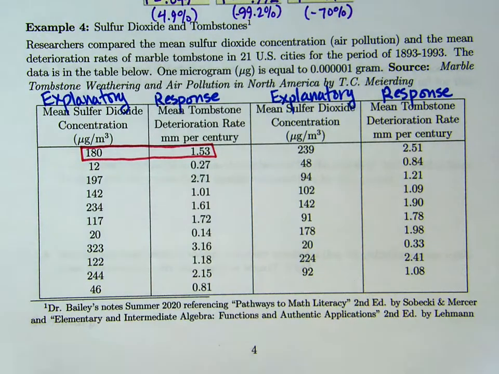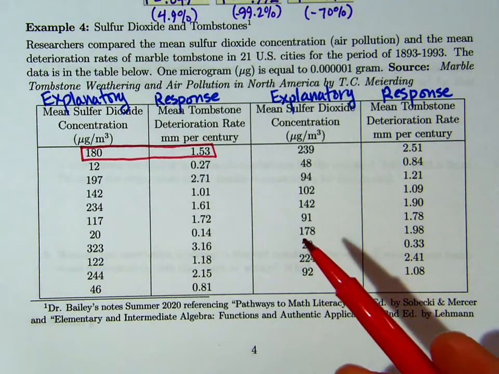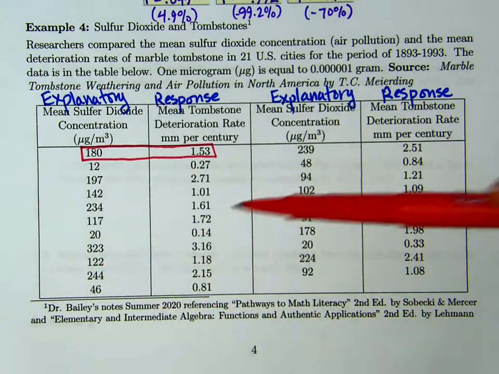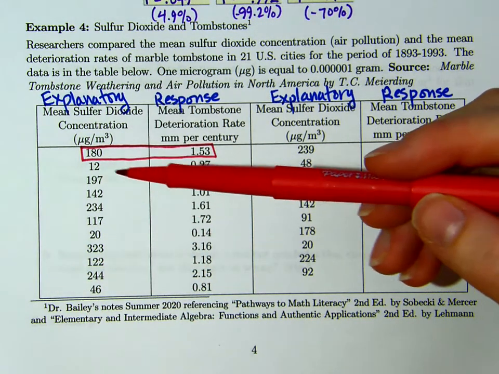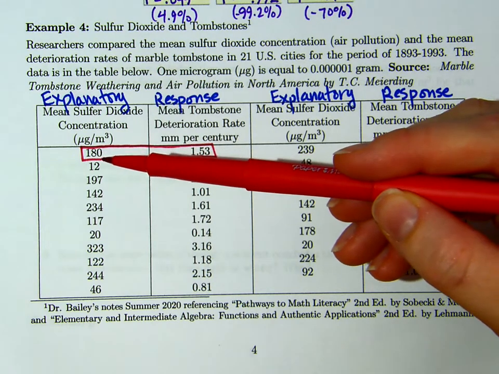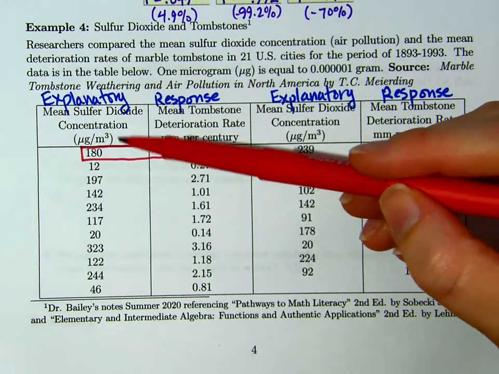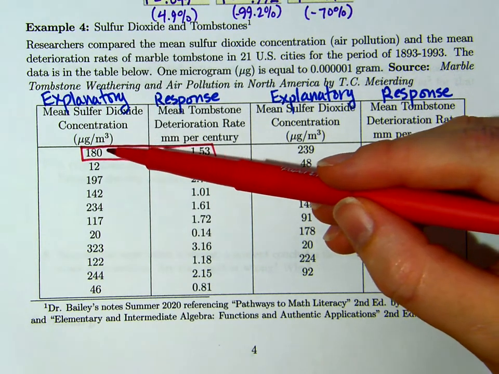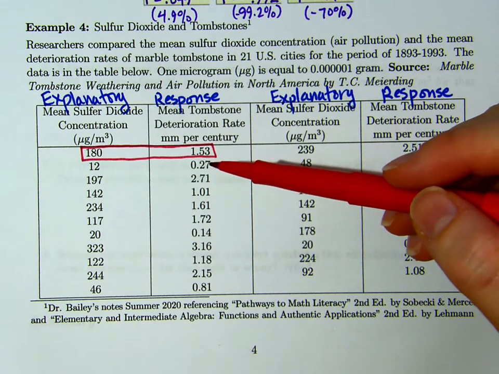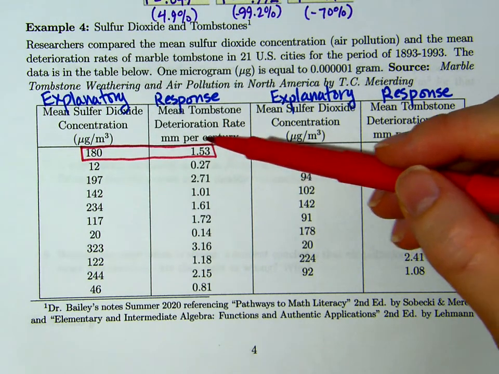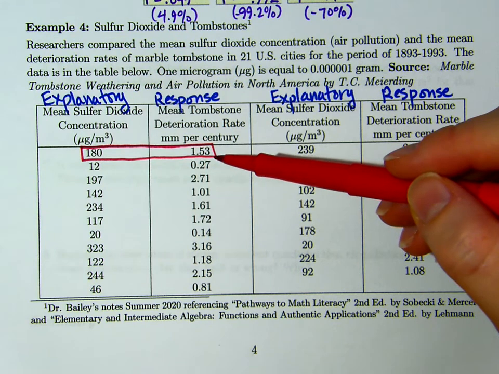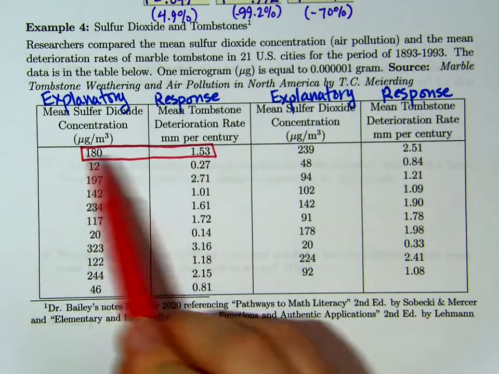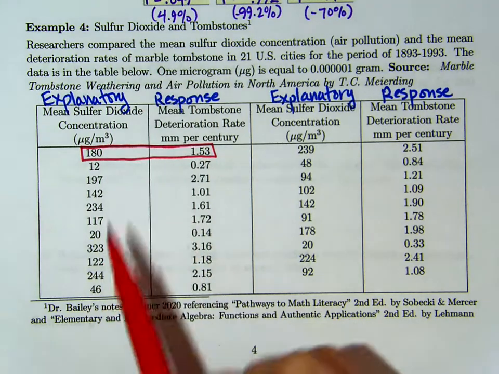Now the question is, does that happen in all of these cities, or is it just these two where that's happening, right? But when you're entering your data, you need to make sure that this 180 of sulfur dioxide concentration of micrograms per cubic meter is associated with this deterioration of 1.53 millimeters over the century. Okay, so they have to line up in your data values in list 1.